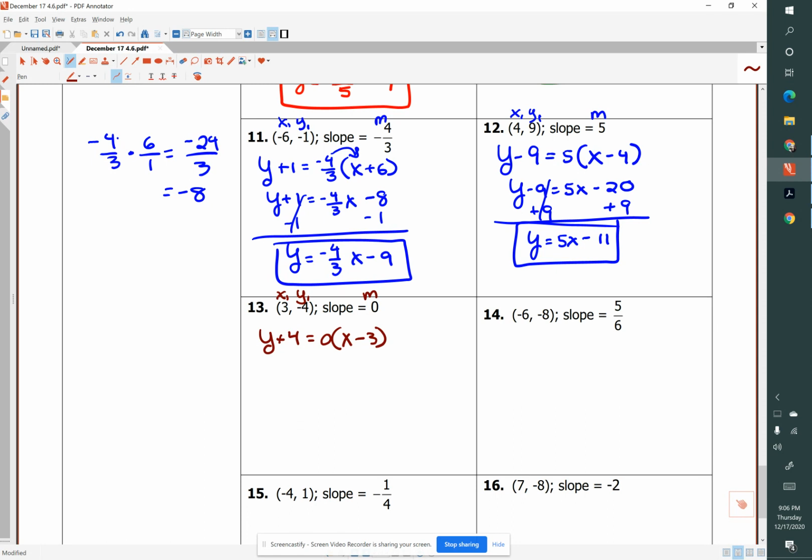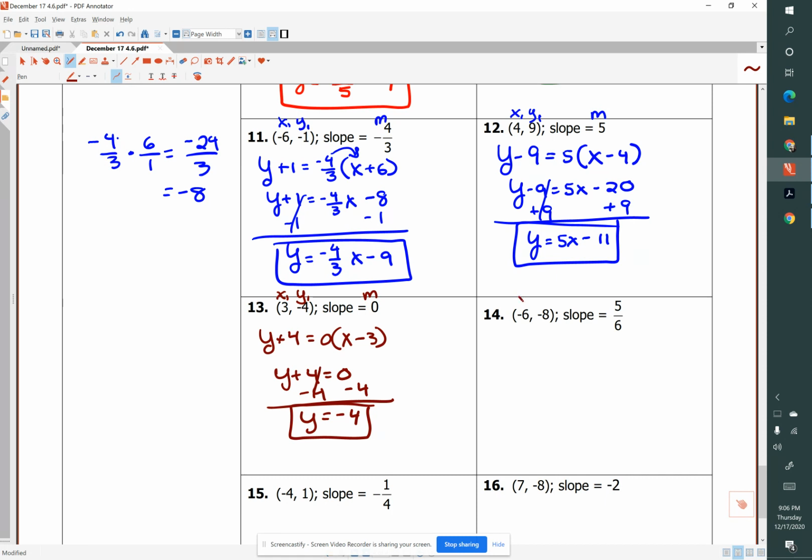Now what's going to happen? We're going to have y plus 4 equals 0, because 0 times all of that is 0. But we do need to subtract 4 from both sides, and then we'll have y equals negative 4. So this line will go through the origin.